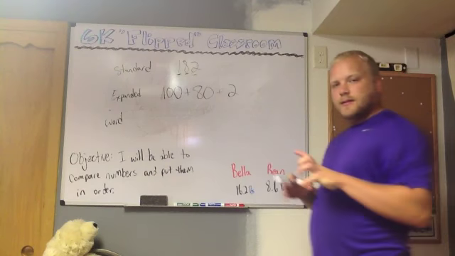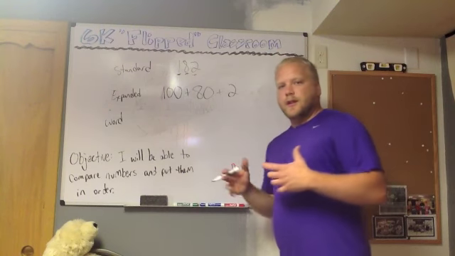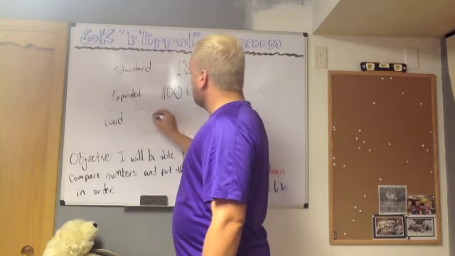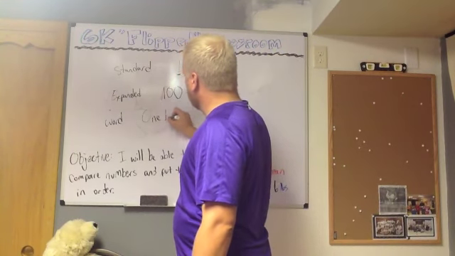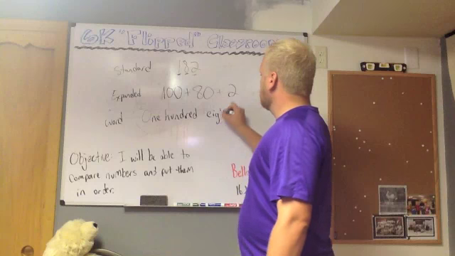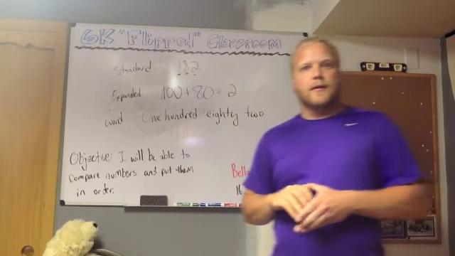That's how it wants you to write it if it says expanded form. And then the last one is word form. So that's just say it out loud and then you spell it out. So 182, we write one hundred eighty-two. And that's all there is to it.